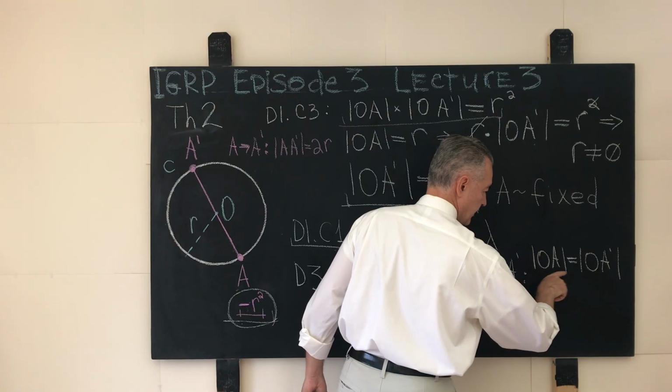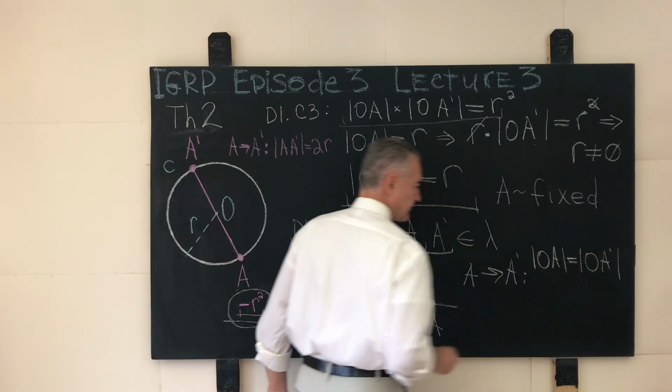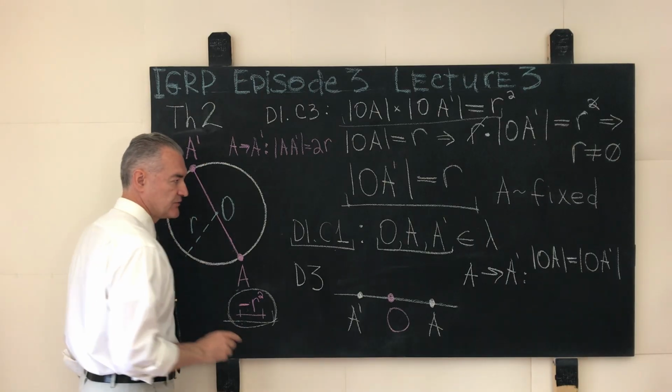The distance OA is equal to the distance OA prime, but that is not enough.